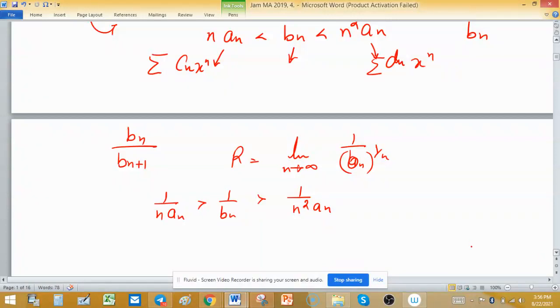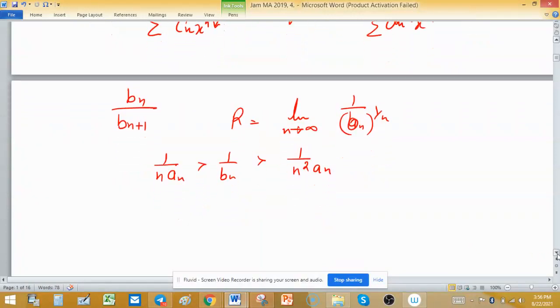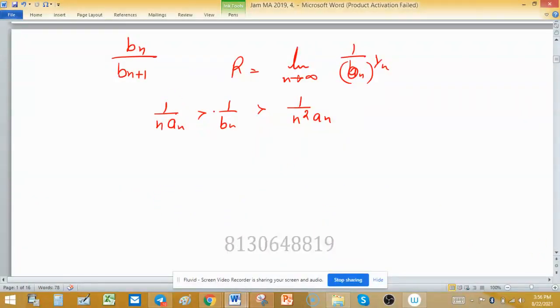In reciprocal, the sign of the inequality changes. So you can say the less than sign converts into the greater than sign. Now we have to take the nth root. So this is 1 upon n, 1 upon n, and 1 upon n. And I can write this in good looking form.